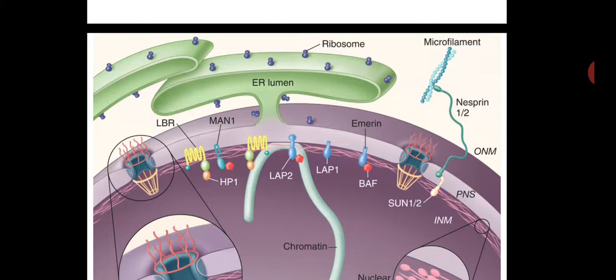importins and exportins. These specific proteins are called ferrying proteins. Ferrying proteins means they can import and they can export. These are two types of proteins, importins and exportins.